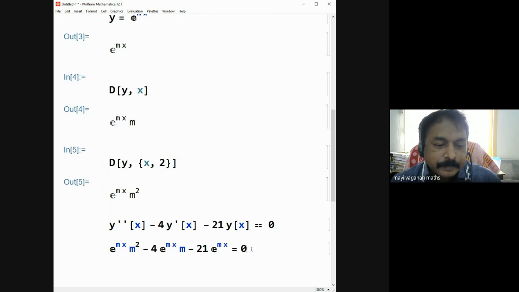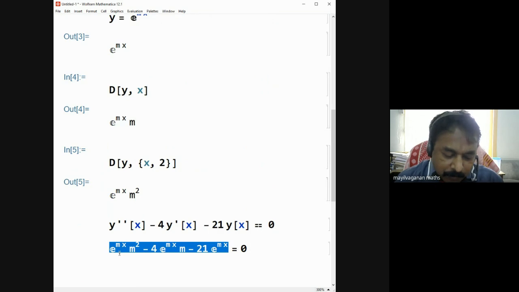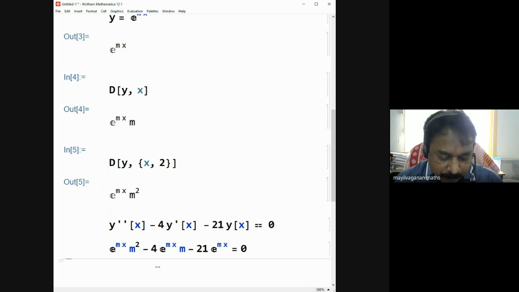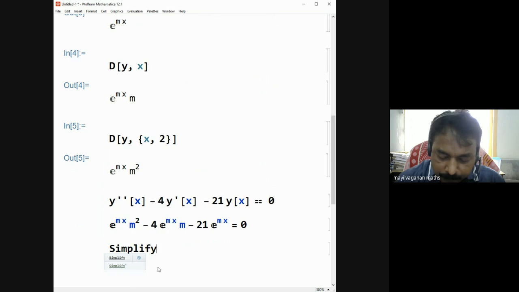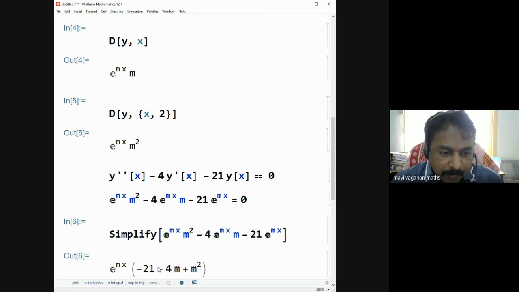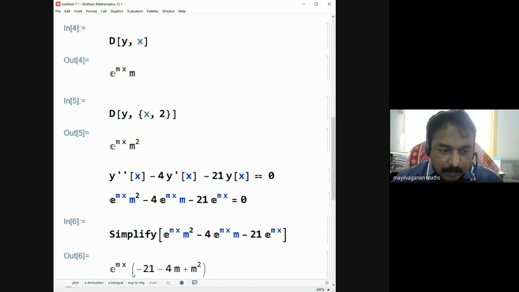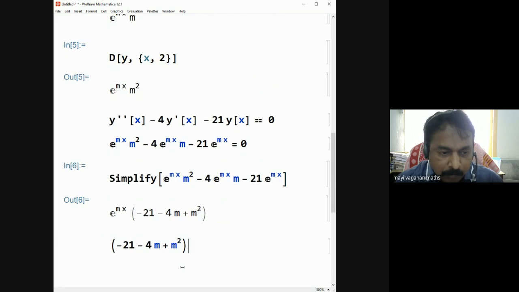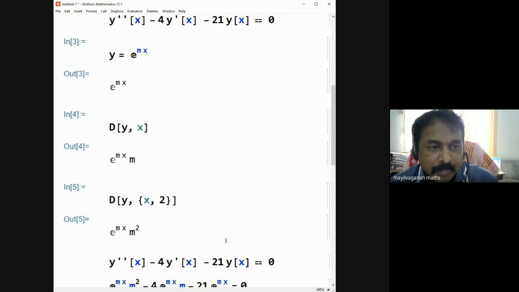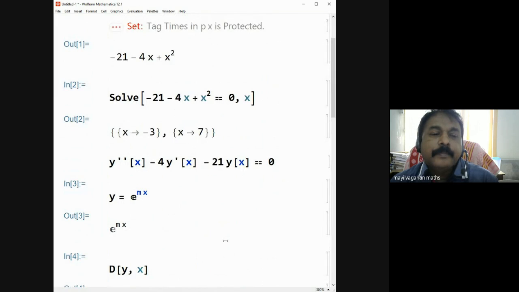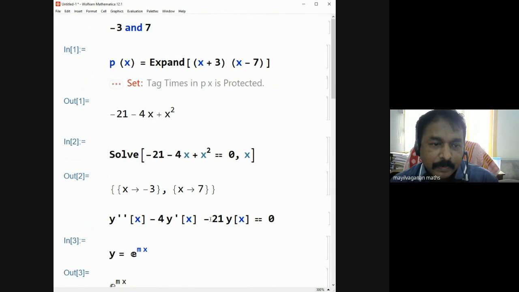That means in order to have the left hand side equal to 0, we need to get the following, that is m squared minus 4m minus 21 is equal to 0, and this is exactly the algebraic equation that we have already solved.